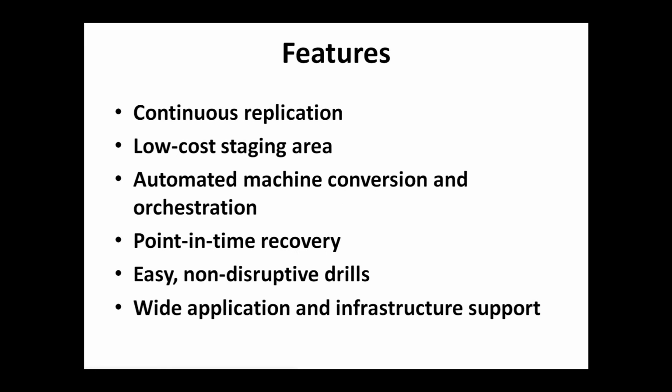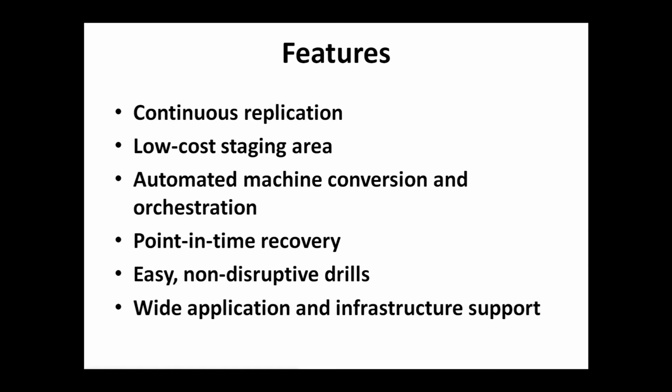So what are the features? It provides continuous replication and a low cost staging area. What is a staging area? We will come to know once we proceed with the Cloud Endure architecture.